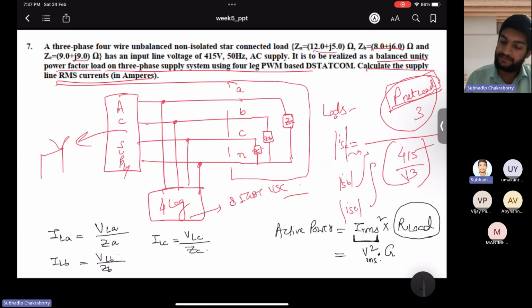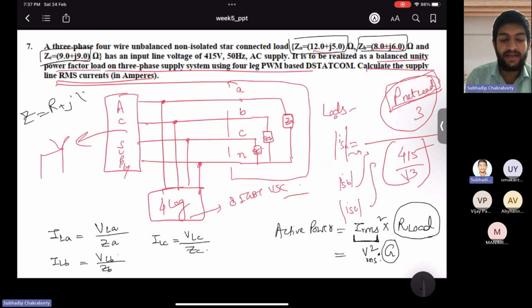So you calculate 1 by R is G. So here also you can determine what is G for all, because Z equal to R plus JX and Y equal to 1 by Z. When you do 1 by Z and you just resolve and write it in G plus JB form.